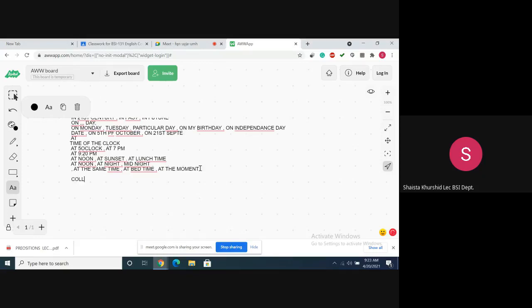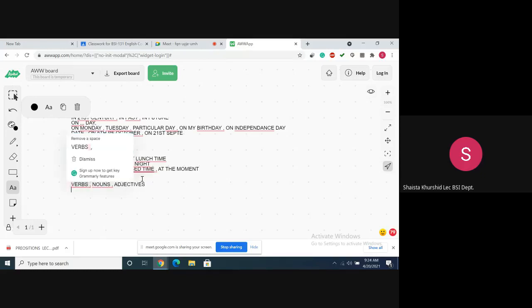What are collocations? Collocations are about the prepositions that go with verbs, nouns, or adjectives. We have these three types: the verbs, the nouns, and the adjectives.